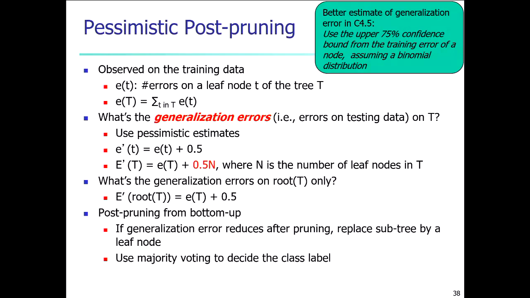Okay. Then we define the generalization error, where we use the pessimistic estimate. So for each leaf, we add a 0.5 as the penalty.